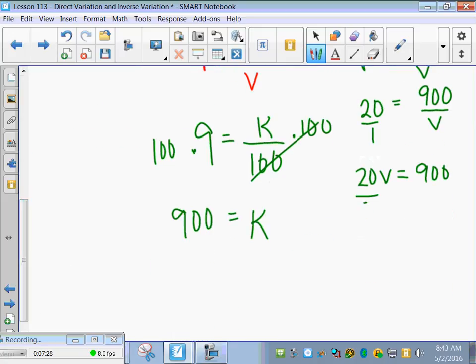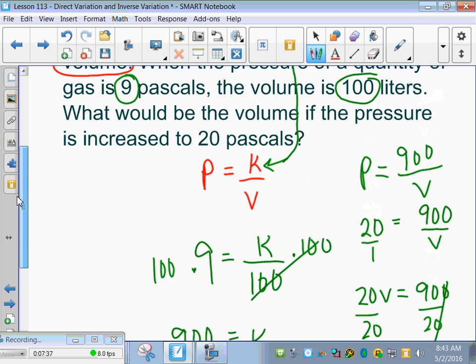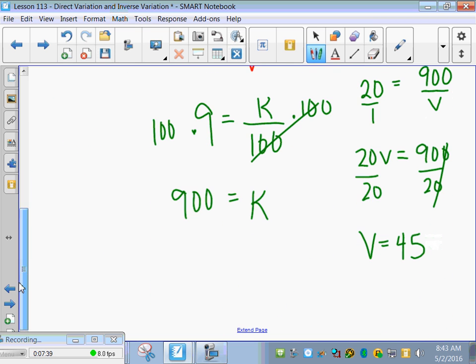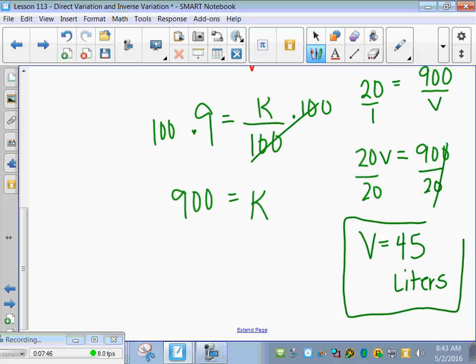And then divide by 20. So V is equal to 45. And you want to go back up and check your units for volume. And our units for volume is liters. Okay? So every time you have 6 steps on these.